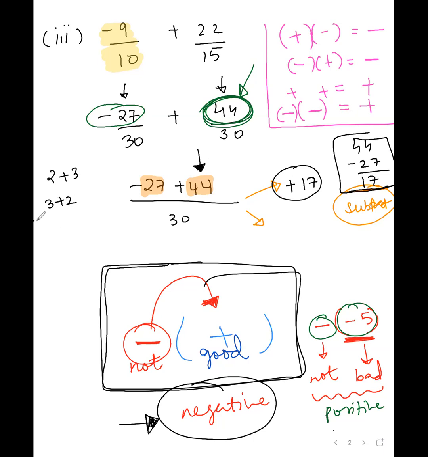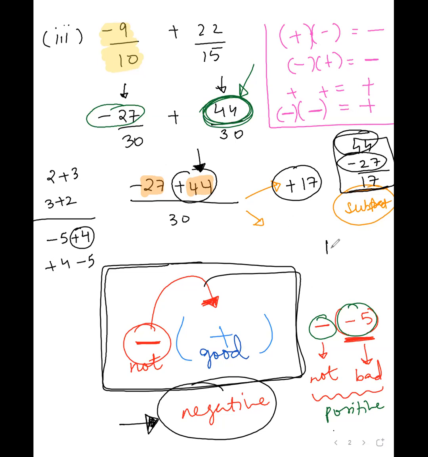Now tell me, let's say whether you write minus 5 plus 4 or you write plus 4 minus 5, is it the same thing or different? Same. That is what I have done here. This is plus 44 minus 27. So that's what we've done. 44 minus 27. Got it? Okay.